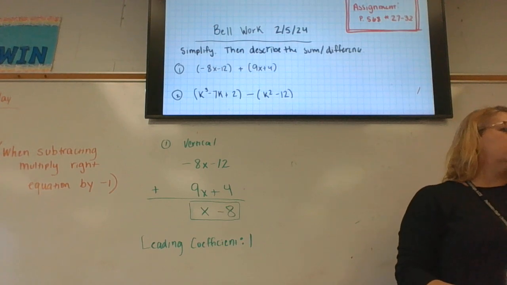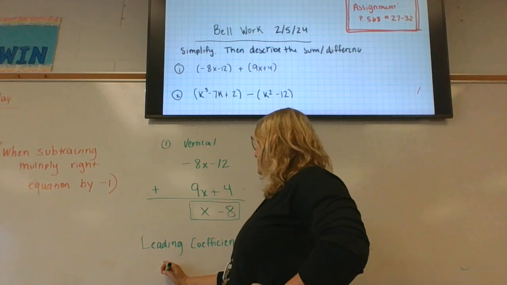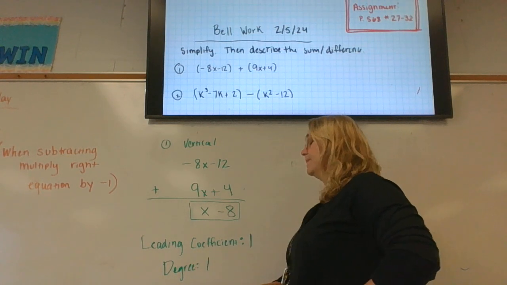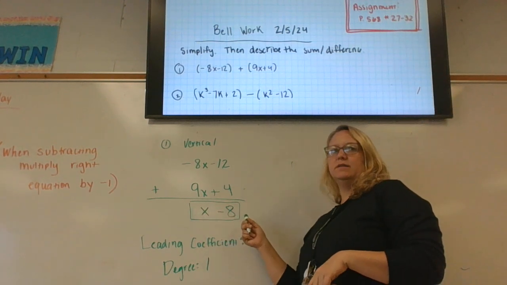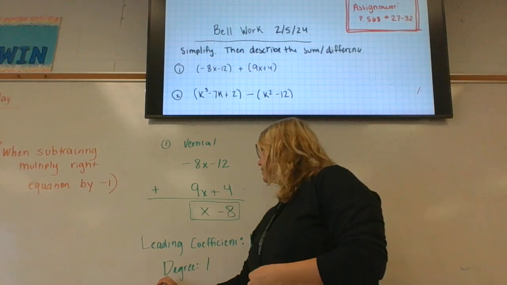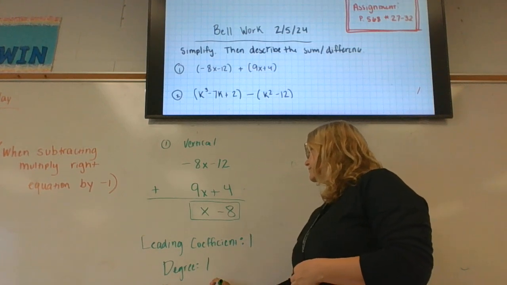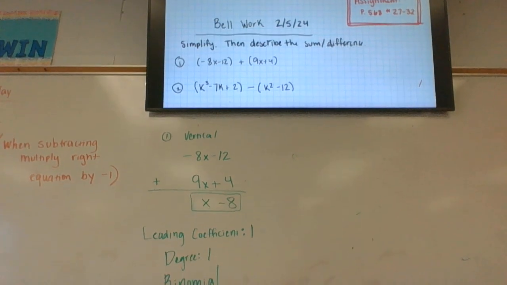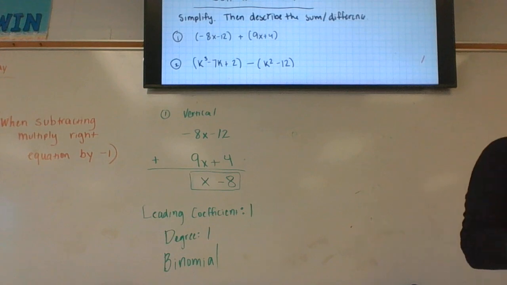It also has a degree 1 because the exponent that we don't see is 1. Two invisible numbers here. And it's 2 terms. X minus 8 is 2 terms. So we're going to call this a binomial. And that's a full answer for number 1. A pretty good review of everything discussed on Friday.